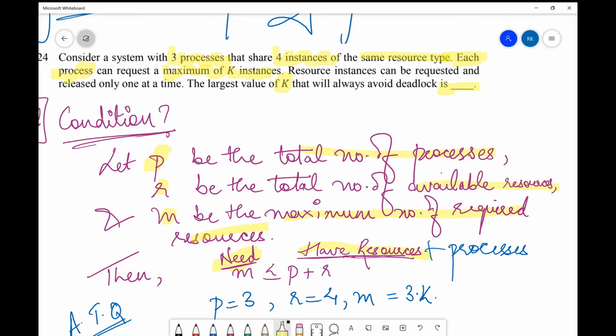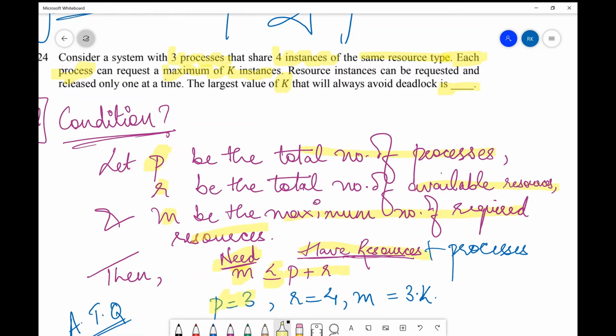Then M will always be less than or equal to P plus R. Now I'll find out the values of M, P, R from my question, substitute the values, and check whether the constraint is satisfied, and what the value of the unknown variable is.